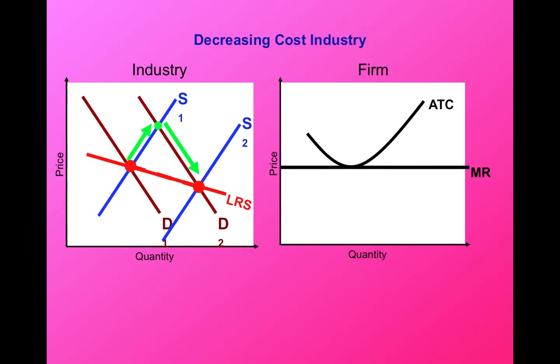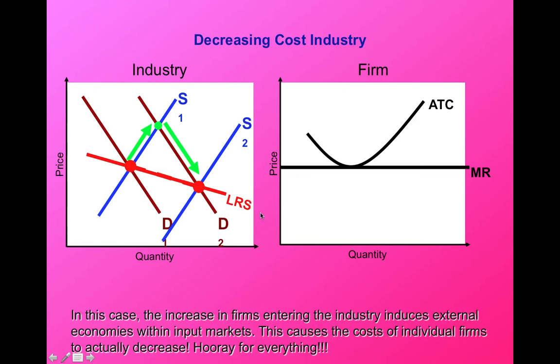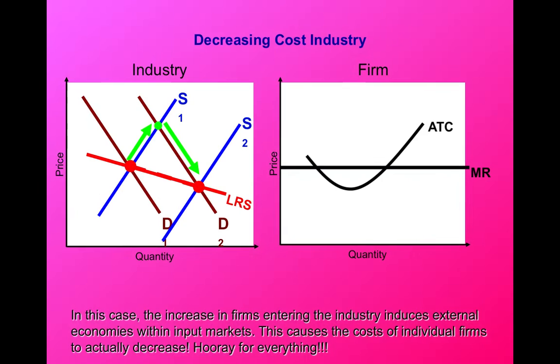So originally we had our price for the firm being taken from the market, but then supply increased, and as the market increased its supply, the costs of production, so for example the costs of buying a flat screen to make a laptop computer or something, if all of a sudden you can buy your flat screens for less, then your costs of production have gone down.